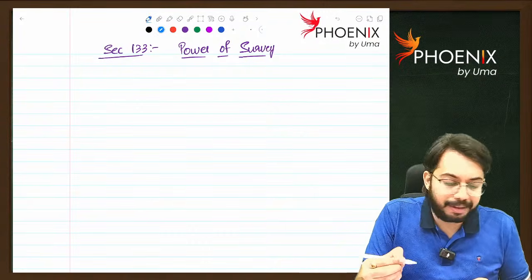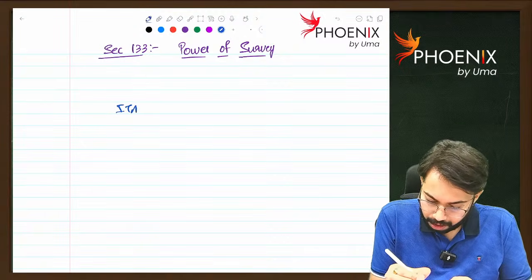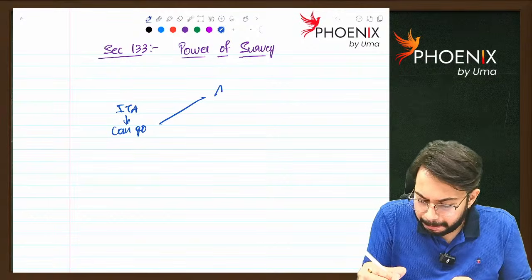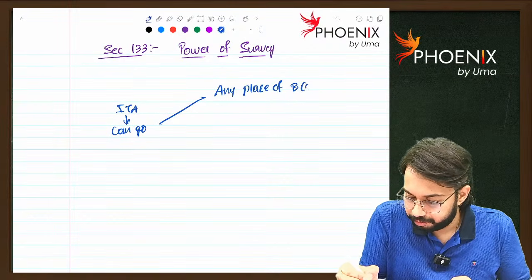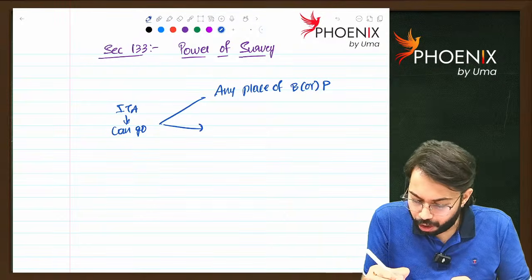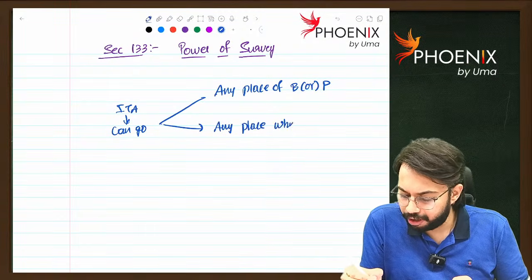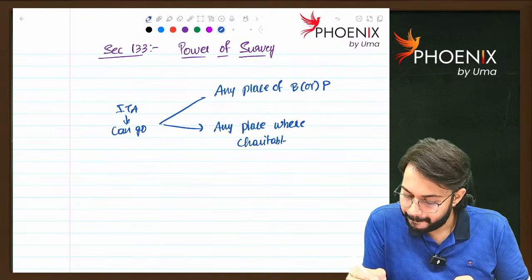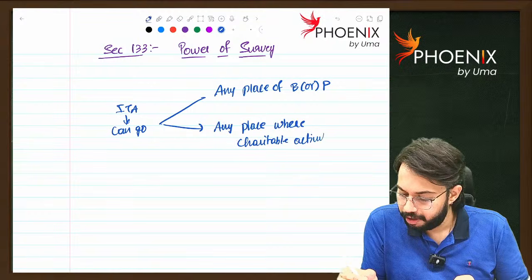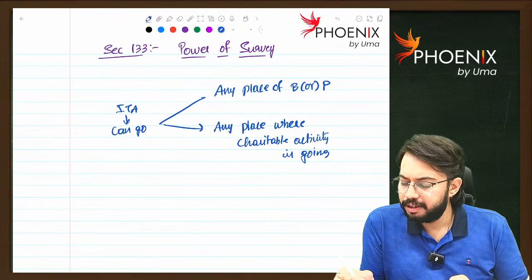Income tax authority can go to any place of business or profession, or to any place where charitable activity is going on, and they can do survey.